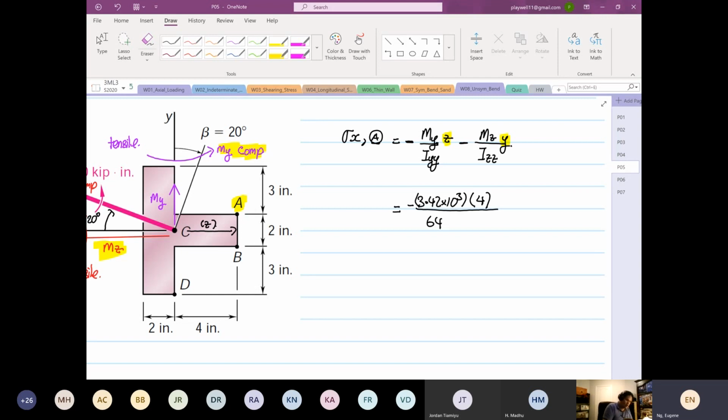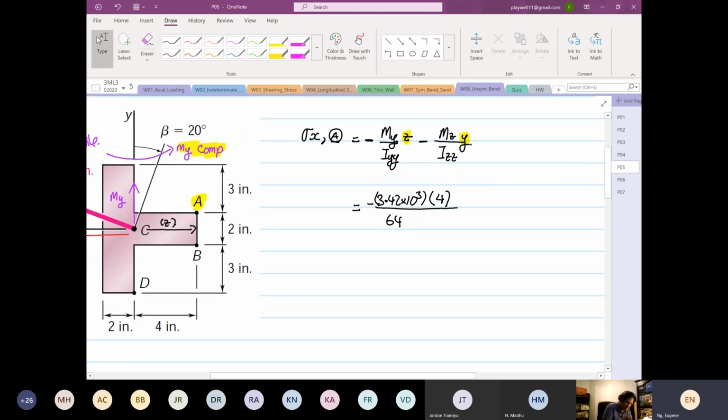So the next one, again, we are looking at point A, minus by mz. So mz is equal to 9.397, sorry, times 10 to the power 3.